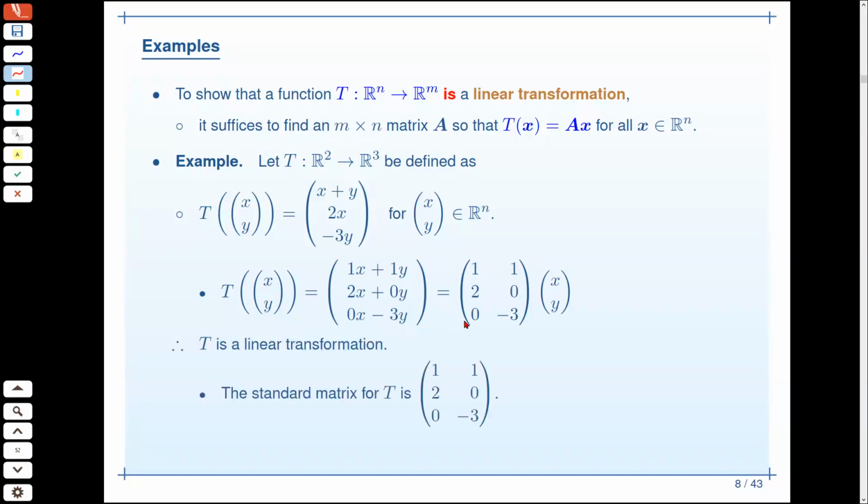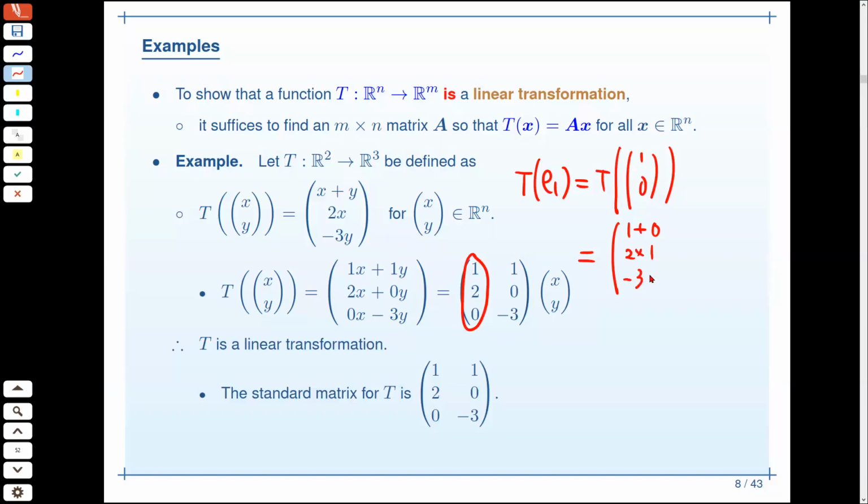Indeed, the first column, 1, 2, 0, is just the image of E1, which is (1, 0). You plug in x equals 1 and y equals 0: 1 plus 0, 2 times 1, and minus 3 times 0, which is 1, 2, 0. Similarly, TE2 will be 0, 1, minus 3.